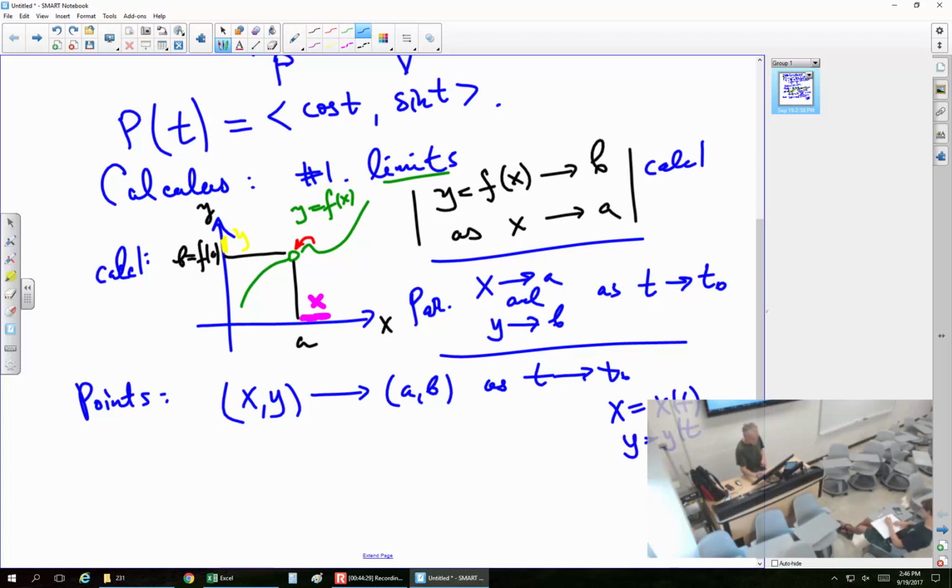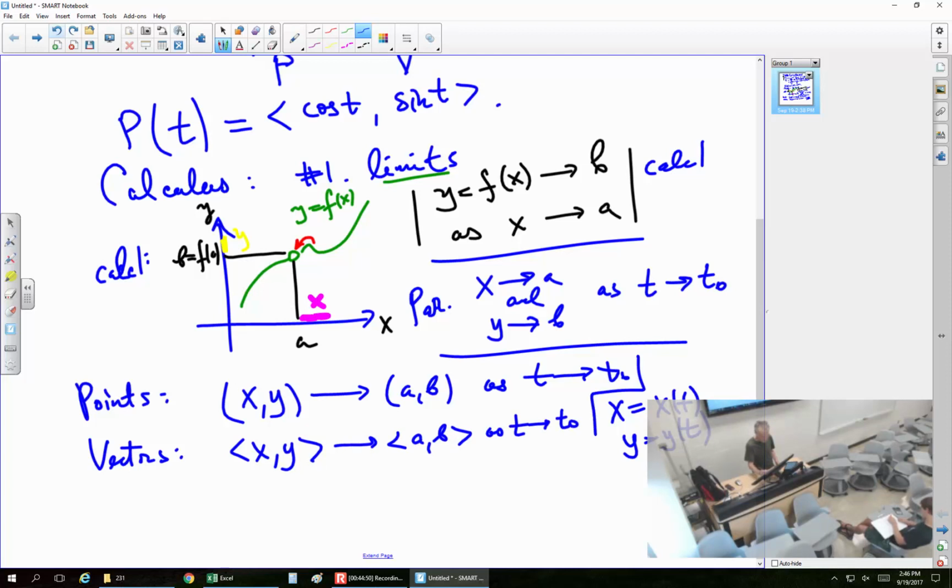And if we prefer vectors over points, which is common, then this is the notation. So once again, it is location, but at the same time, each of these is dependent on time.